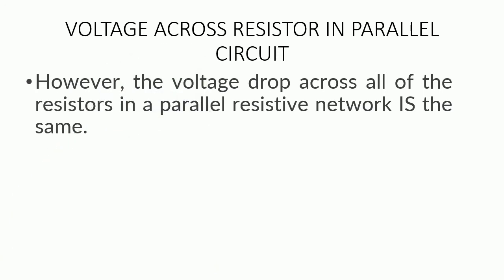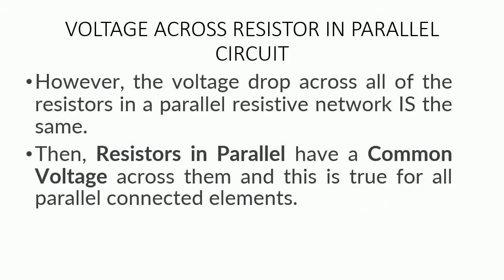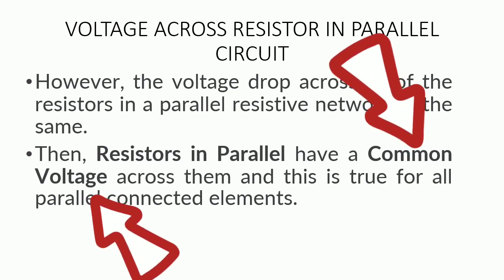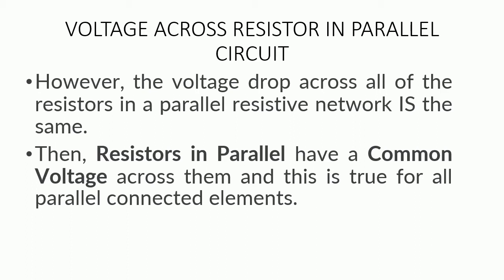Okay, so voltage across resistor in parallel circuit. However, the voltage drop across all of the resistors in a parallel resistive network is the same. So then, resistors in parallel have a common voltage across them, and this is true for all parallel connected elements. So meaning dito, ang voltage daw in resistors in parallel ay iisa lang or common.